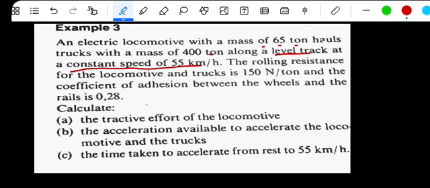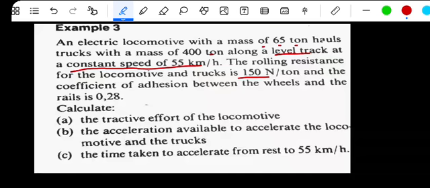The constant speed is 55 kilometers per hour. The rolling resistance for the locomotive and the trucks is the same.